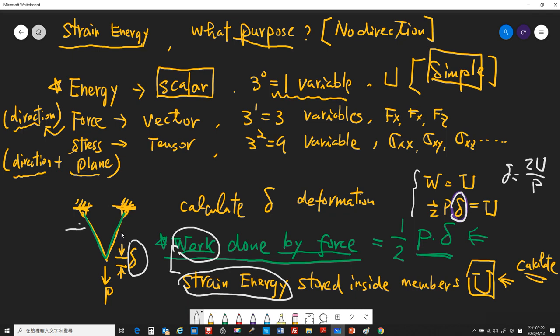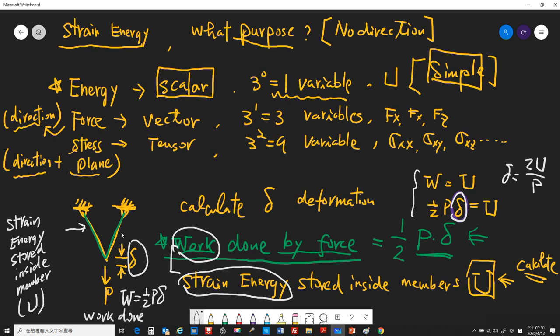So that means the strain energy stored inside members, we call it U, and this is the work done by the force.